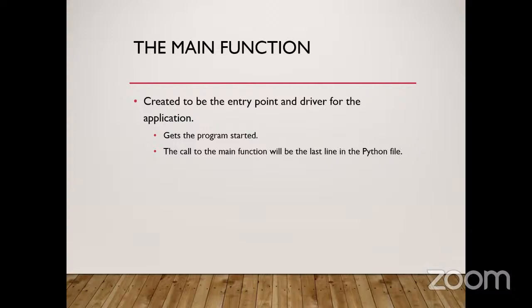So main is a predefined starting point. Almost every language that I've written in has main or their version of main. The only thing HTML doesn't so much, but Java has main, Python has main. Main is going to be the driver.